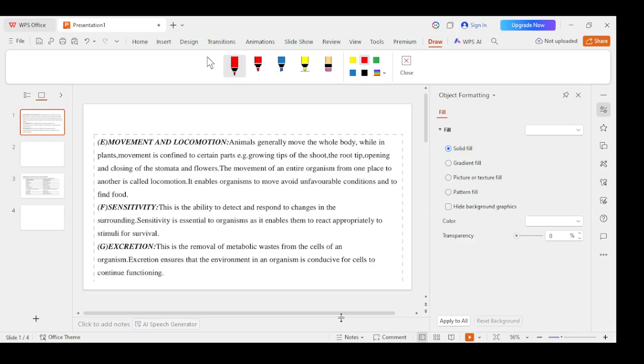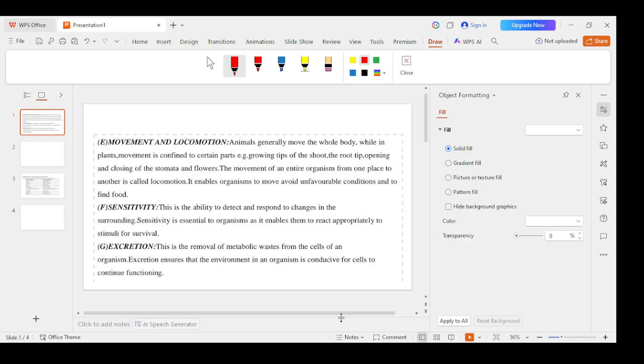We have another characteristic called sensitivity. What exactly is involved under sensitivity? This is where you, as a living organism, have the ability to detect and respond to changes in the surroundings. A stimulus is any change, for example light, heat, sound, or touch.